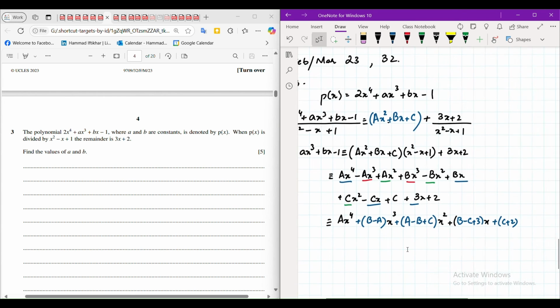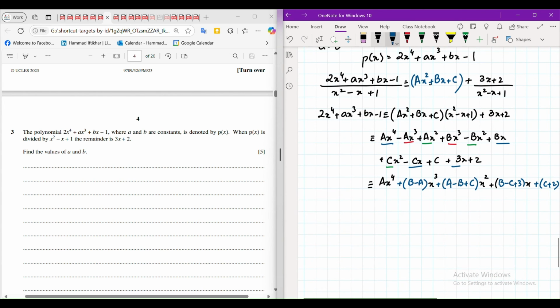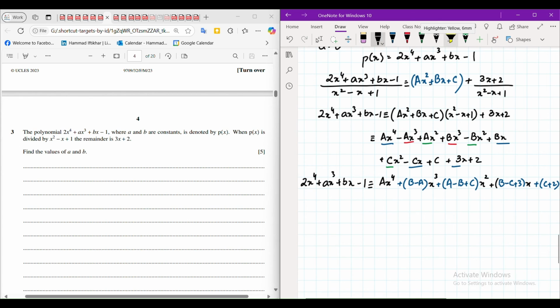Now, we are saying that this is identical to 2x^4 + ax^3 + bx - 1. Now all we have to do is compare the coefficients. So A is identical to 2, which is a very straightforward observation.